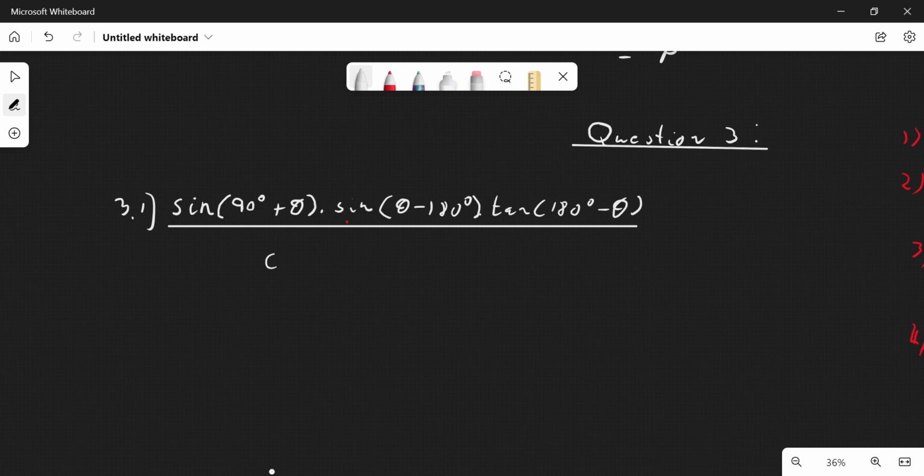Over cos squared (180 degrees plus theta). So the way I like to tackle these things is to think of it like people using metal detectors on the beach or on a random plot of field, looking for metal under the ground.